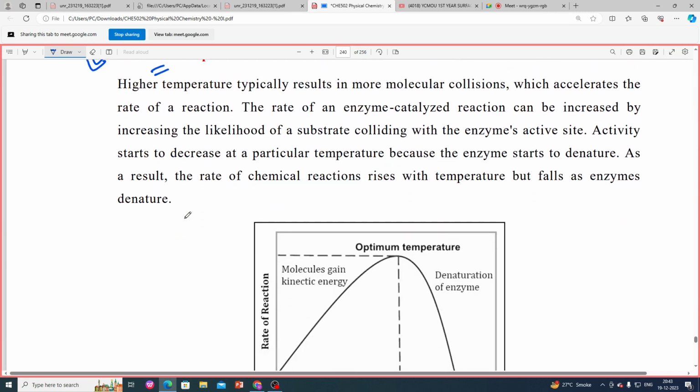See, higher temperature typically results in more molecular collisions, which accelerates the rate of reaction, okay। That means temperature के साथ rate of reaction, by increasing the temperature, we can say that the rate of reaction also increases, okay। T is directly proportional to the rate constant.